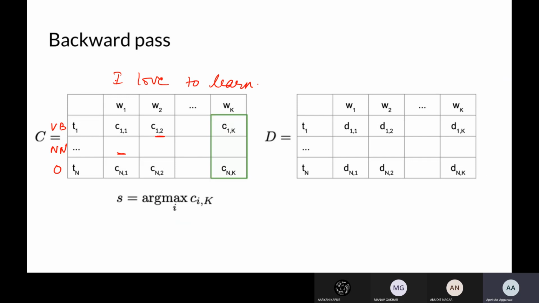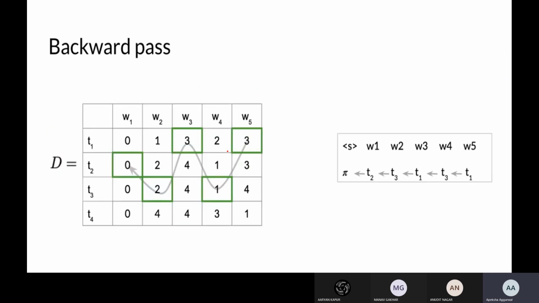In the backward pass, we first of all calculate, column-wise, which has the maximum value. First we check that word 5 was there, and this is matrix D representing the intermediate state. Suppose this was 0.5, 0.4, 0.3 and 0.2. It will say this one has the highest out of this whole column, so I will select this one. This value is taken from the C matrix. Here we go to the D matrix. It says go to T3.